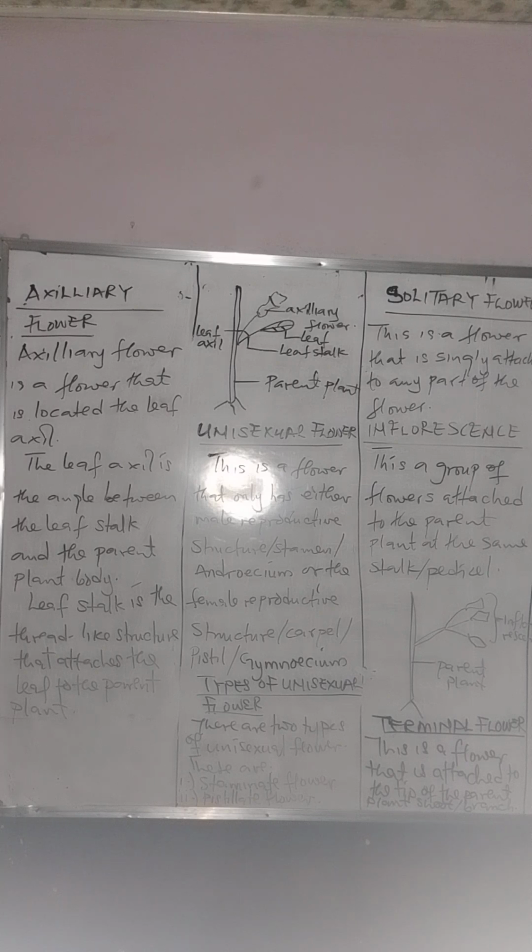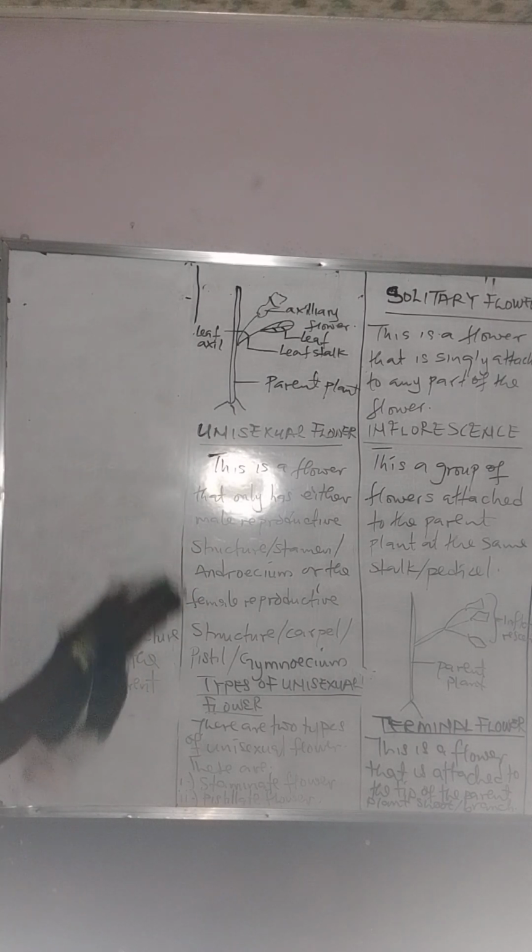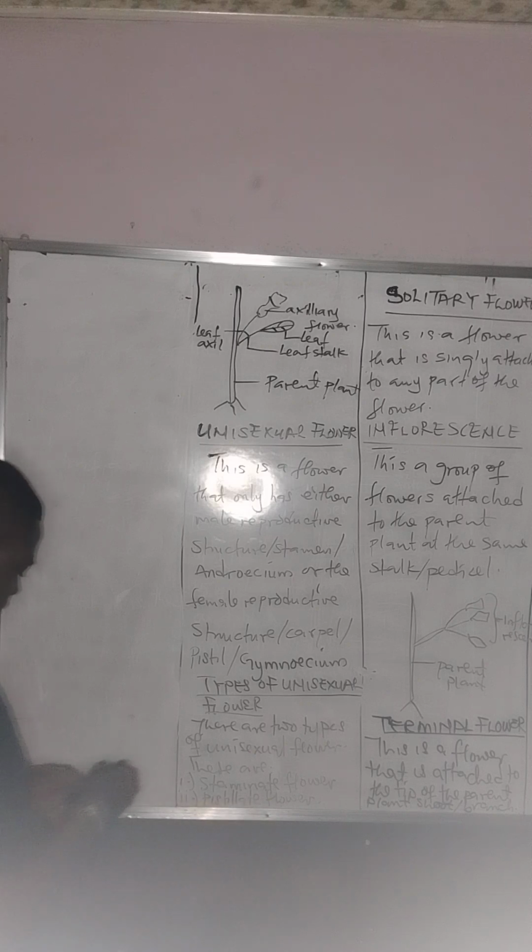Now, let's talk about the staminate flower. A staminate flower is a flower that contains only the male reproductive structure. That is a staminate flower. We can find this type of flower where?